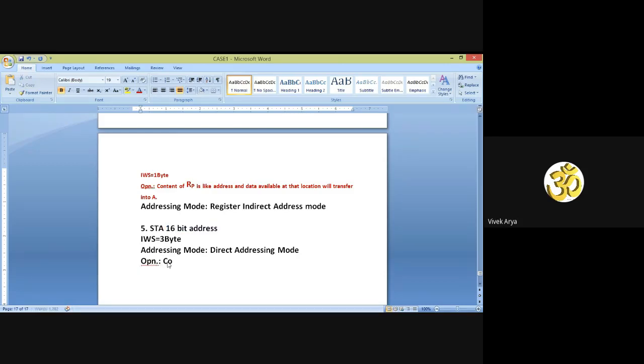Operation: content, or you can say data, of register A will be stored at the memory location that is given with the instruction.